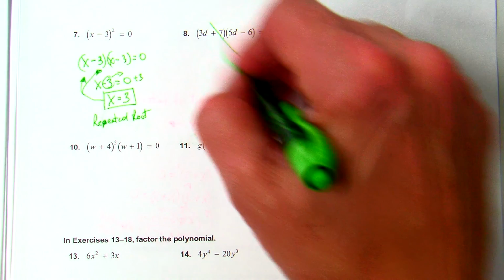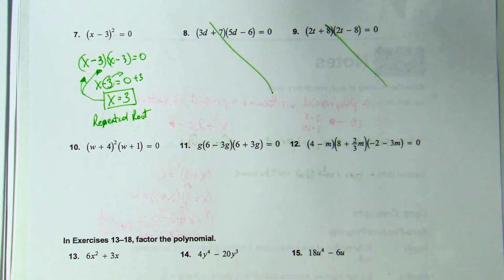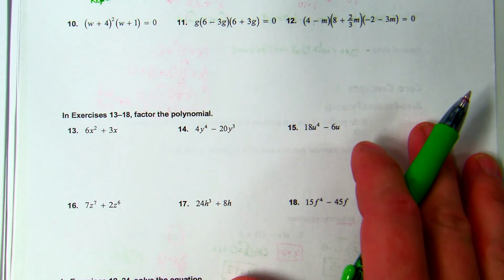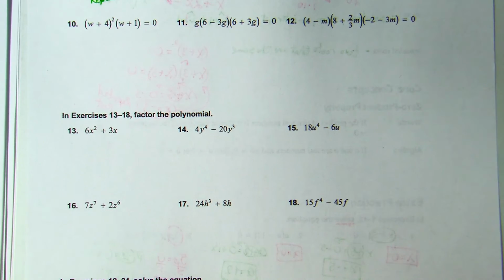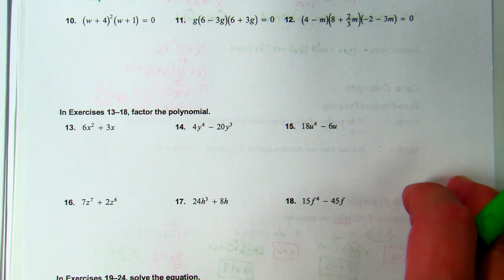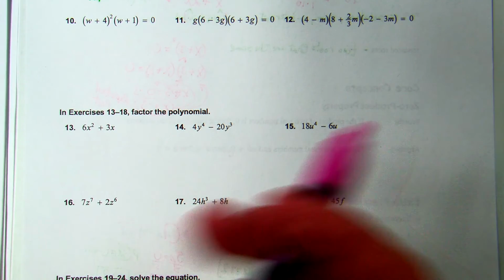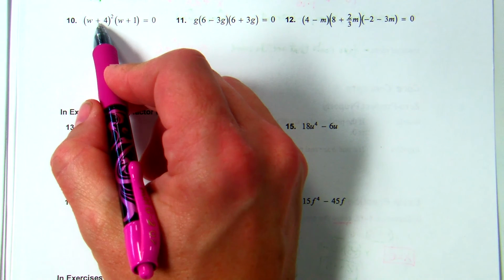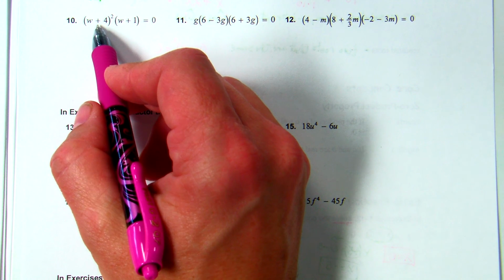Okay, we'll skip 8 and 9. Let's look at number 10. Those are just more of the same of what we've already done. Just for sake of time, I think we're getting plenty of practice on some of these. On number 10, we have, in essence, 3 factors. This is actually w plus 4 used twice here.